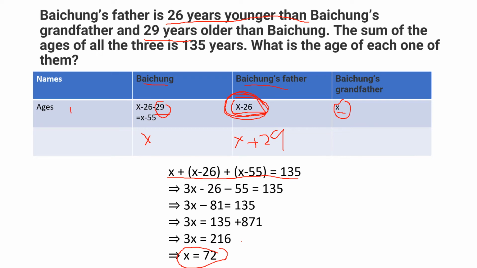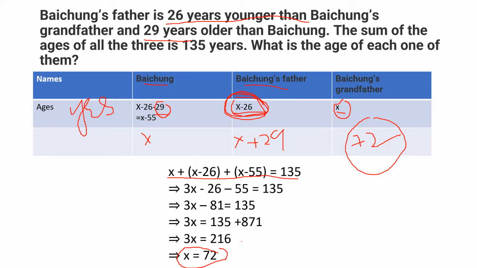These are ages in years, so the value will be 72. So from here, if this is 72, you can find out easily what will be the value of the father's age.